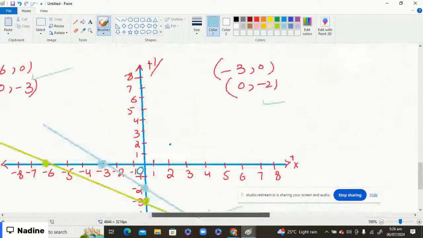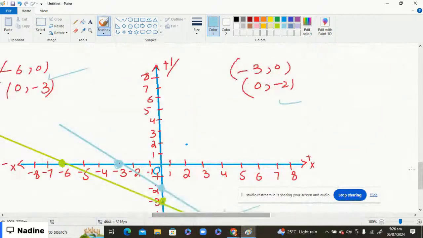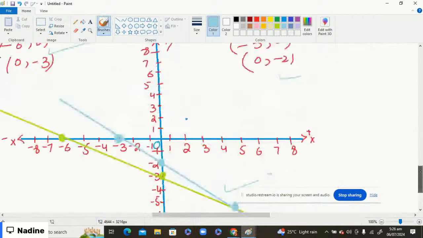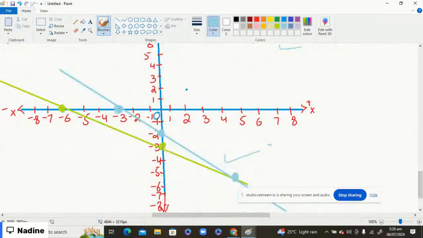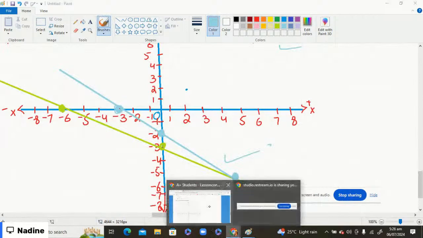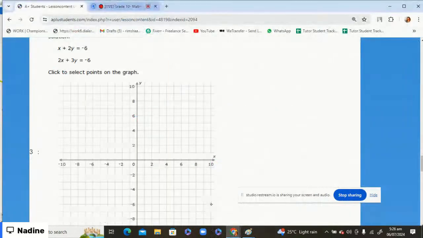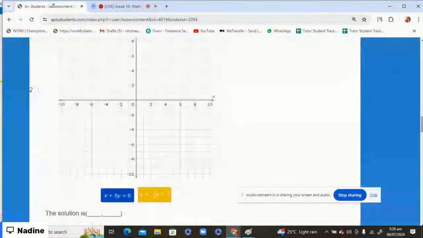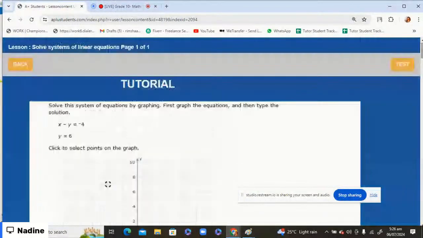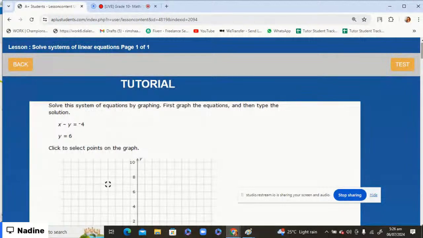This is your graph. So this is the solved system of linear equations. In this way, we are going to solve the linear equations. I hope you guys understand this lesson as well.